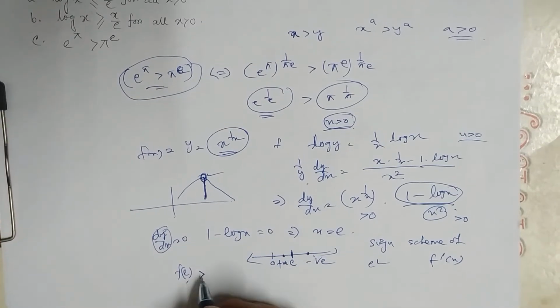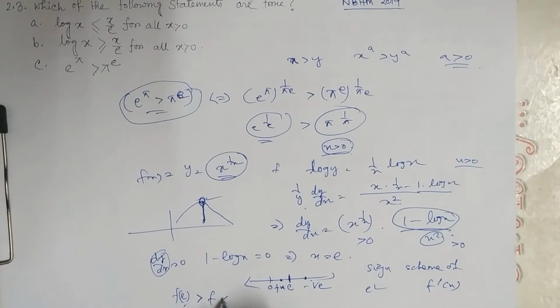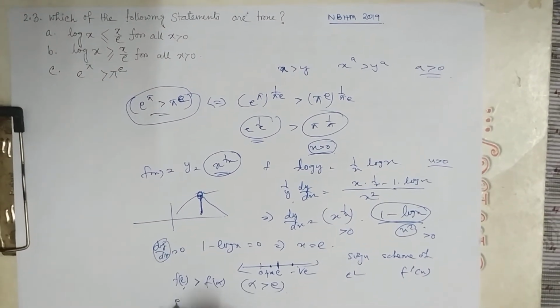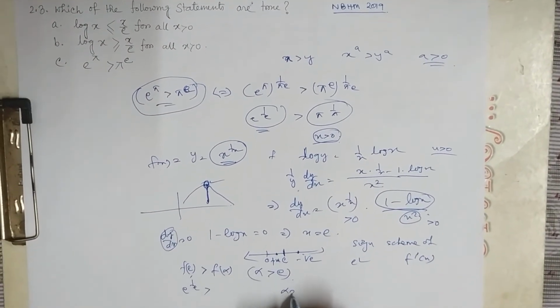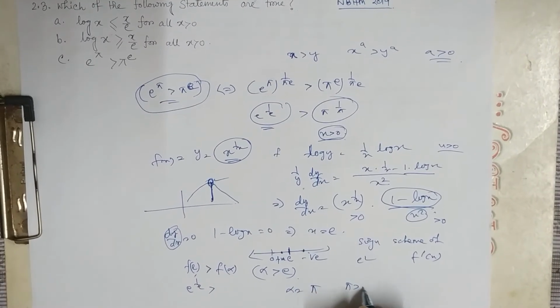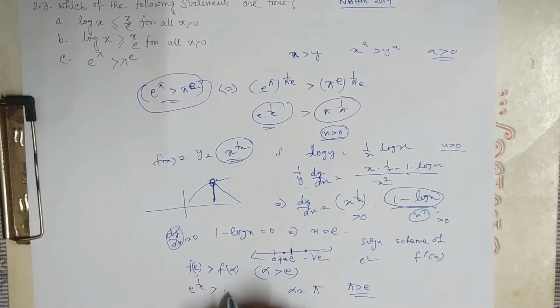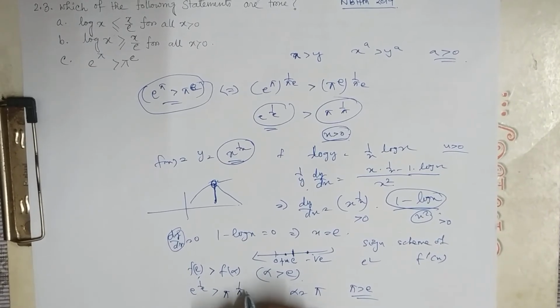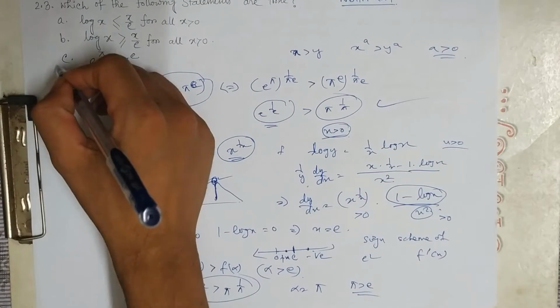After e it is decreasing, so f of e is greater than f of alpha if alpha is greater than e. In particular, I can take alpha as pi, since pi is greater than e. So e to the power 1 by e is greater than pi to the power 1 by pi, so this is true. Option C is true.